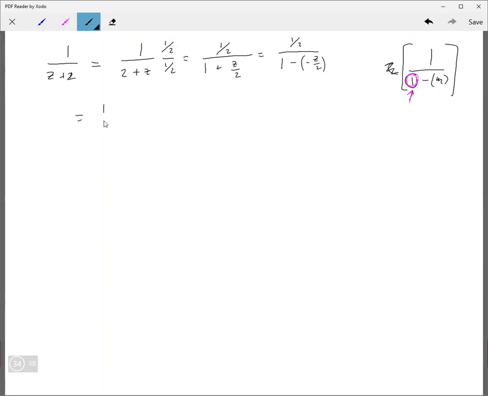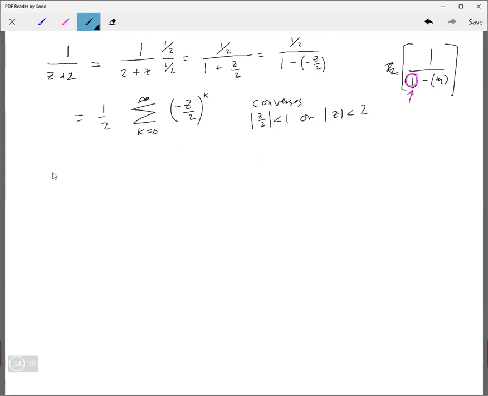And that is just going to be this Taylor series, and this will converge when this is less than 1, or modulus z less than 2.